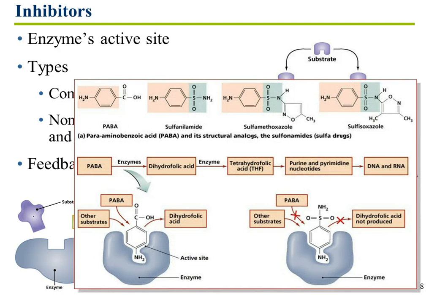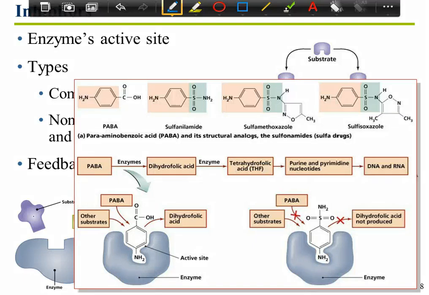Okay, here's a good example of a competitive inhibitor having to do with antibiotics. So let me get my drawing tools here. Here is your enzyme right there. Here is the active site right here. This is the chemical reaction that we're talking about.